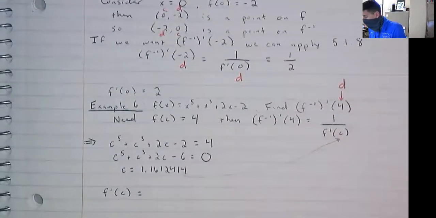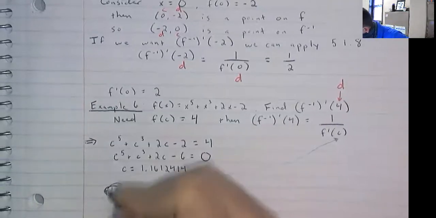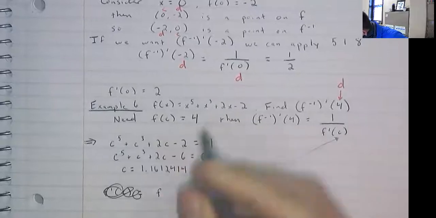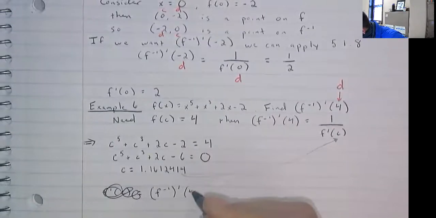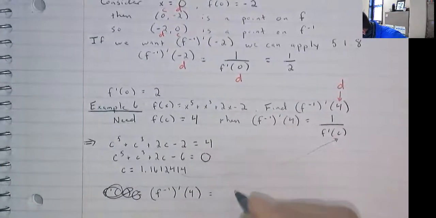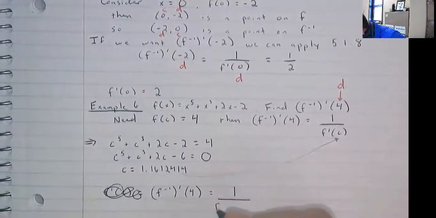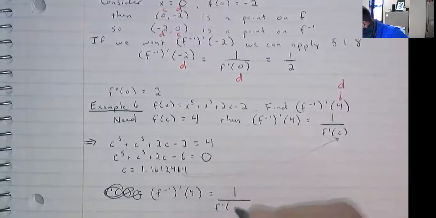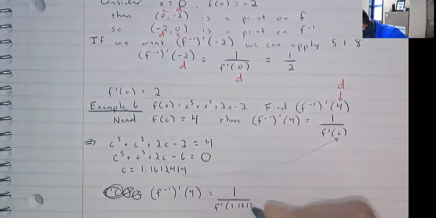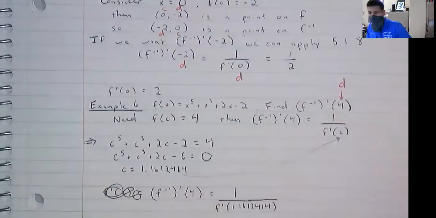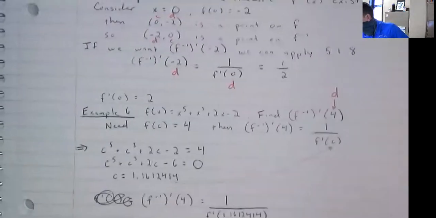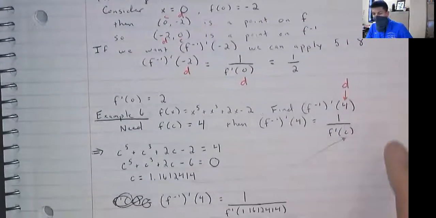So I think the best way to do this, let's skip this part for now and just say that the derivative of f inverse at 4 is the reciprocal of the derivative of f at this c value, 1.1612414. So the question is, how do we make that a less onerous task to compute?